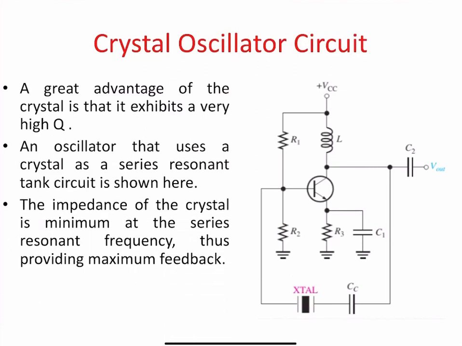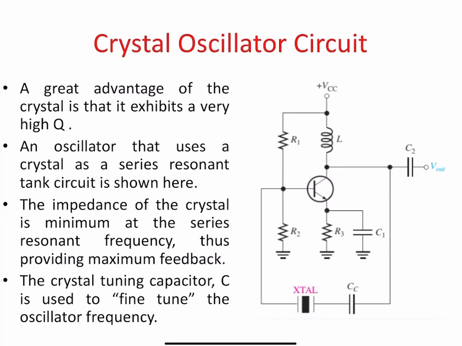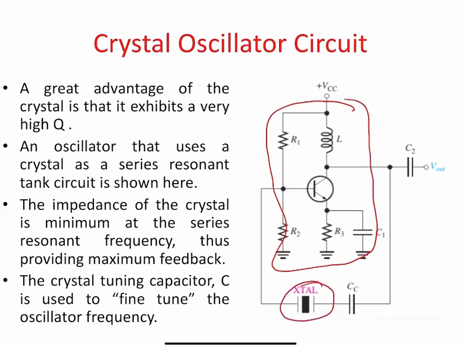Impedance of the crystal is minimum at the series resonant frequency, therefore it provides maximum feedback. And the crystal tuning capacitor C is used to fine tune the oscillator frequency. In the crystal oscillator circuit, this is an amplifier circuit which you already used in LC oscillator circuits. Here the crystal is used to provide the desired frequency of oscillations.